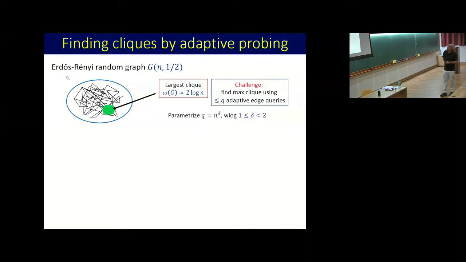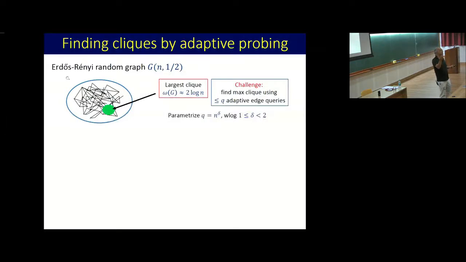Why delta at least 1? If I do Q queries, the most number of vertices they touch is 2Q, if no two queries share a point, like a matching. So if 2Q is less than n, less than linear, then you have n minus 2Q vertices that were never touched, so you might as well forget about them.